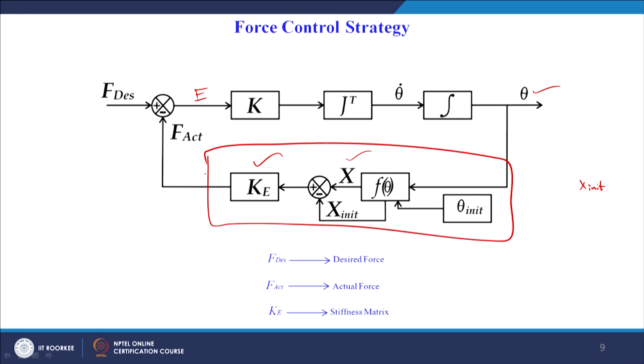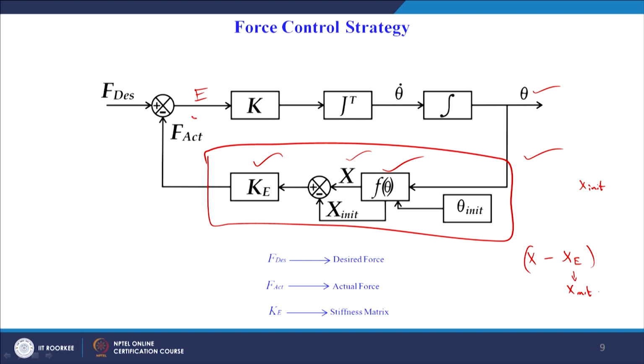Because we do not have the sensor, it is through simulation this approach can be used, because the force forward kinematic model can be utilized to obtain the force actual through the stiffness matrix and the distance or the discrepancy between the actual position of the index finger tip as well as the undeformed position of the index finger tip, that is x here and x initial.